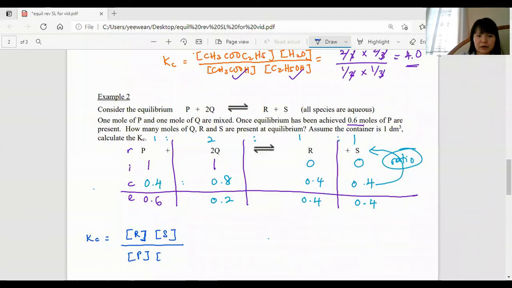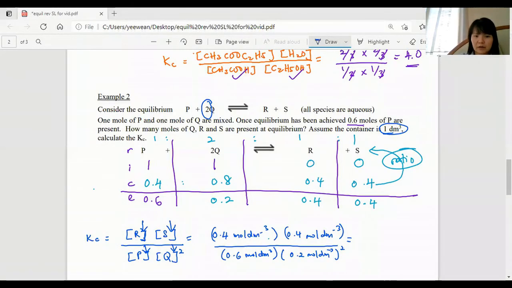The Kc expression is R, S, P, and then Q would need to be squared for this 2 moles here. So let's fill in the values. Keep in mind that these are supposed to be concentration values, not mole values. That is why they gave you the dm cube here.